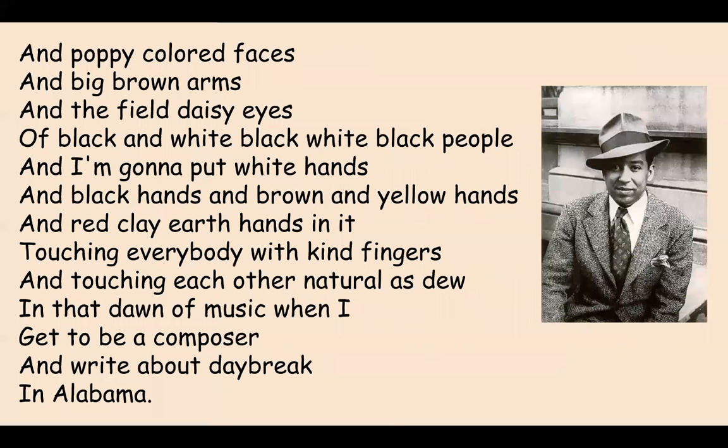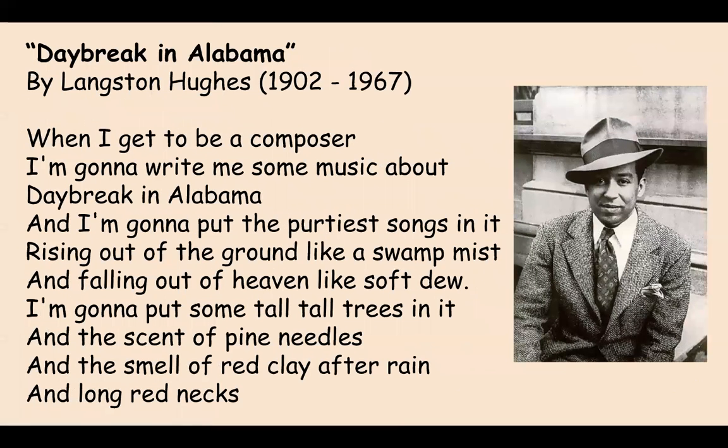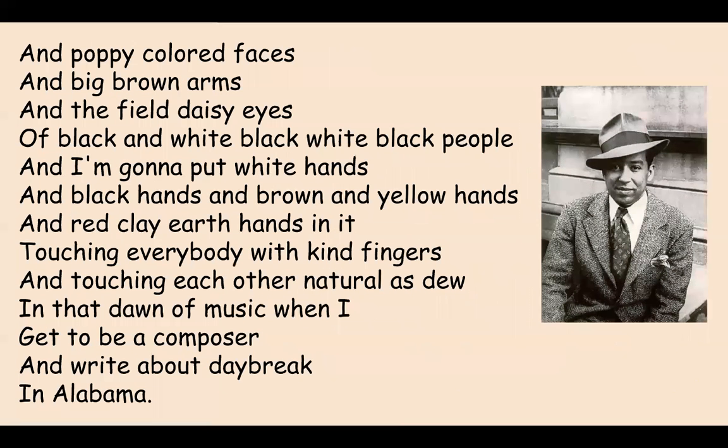And so with Langston Hughes, right, daybreak in Alabama, after the time of slavery, right, daybreak meaning breaking free from that. And so being able to write about bringing people together, right, because he talks about many different colors of hands.